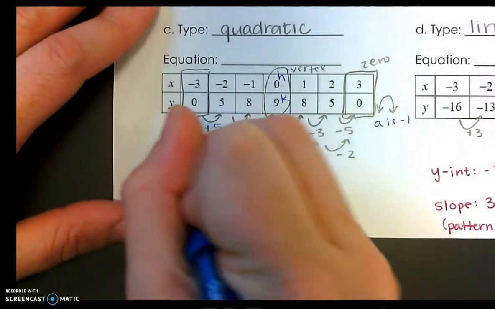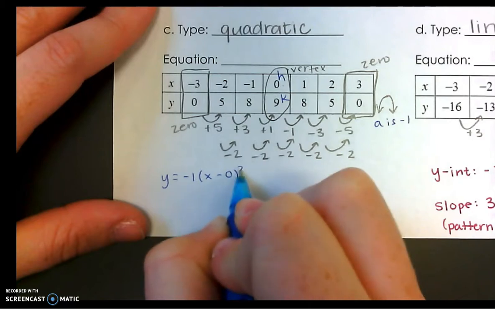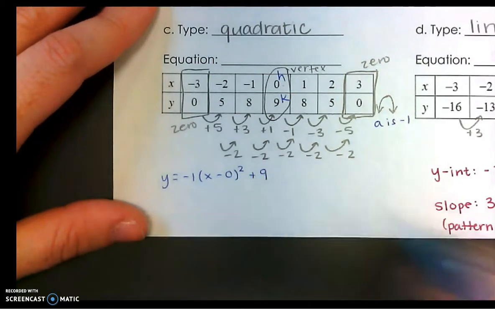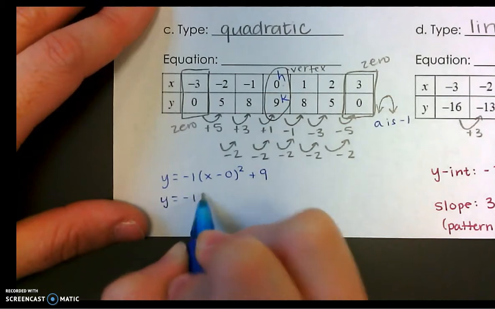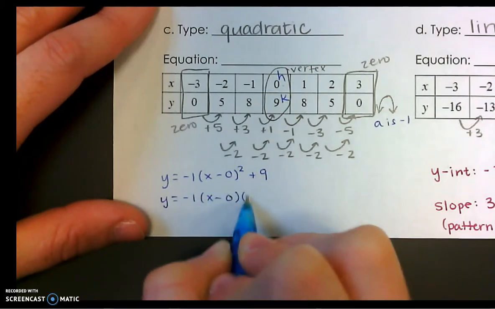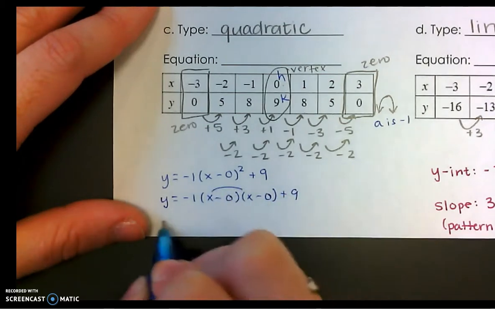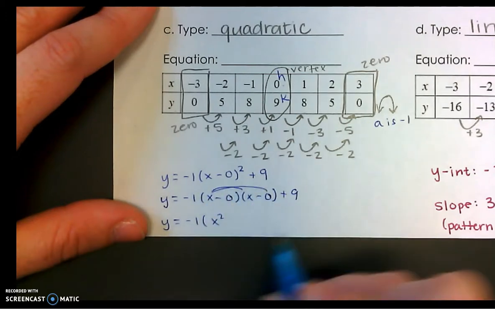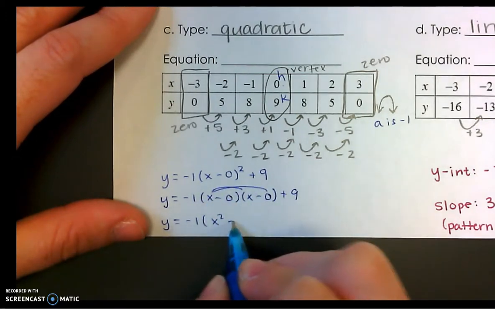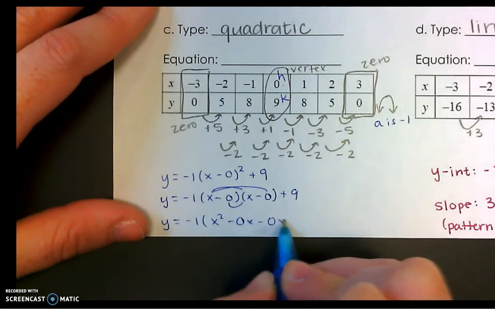So y is equal to a times x minus h squared plus k. I'm going to write this part twice. It's being squared, so it's multiplied by itself. And I'm going to distribute. X times x is x squared. X times 0, I'm going to write 0x, just know it's just 0. I'm going to do it again.